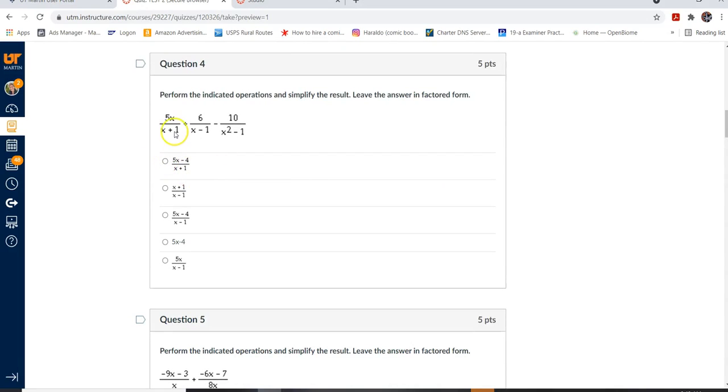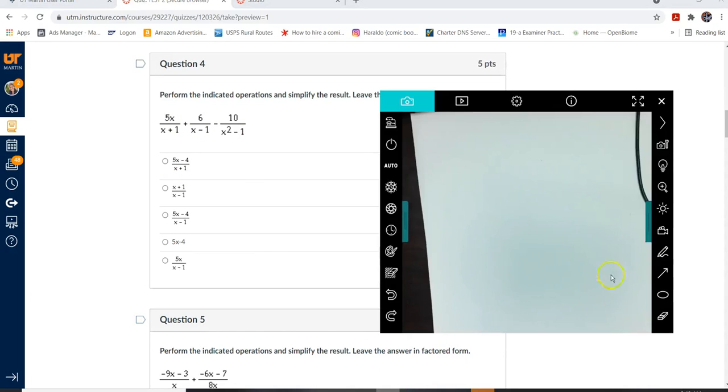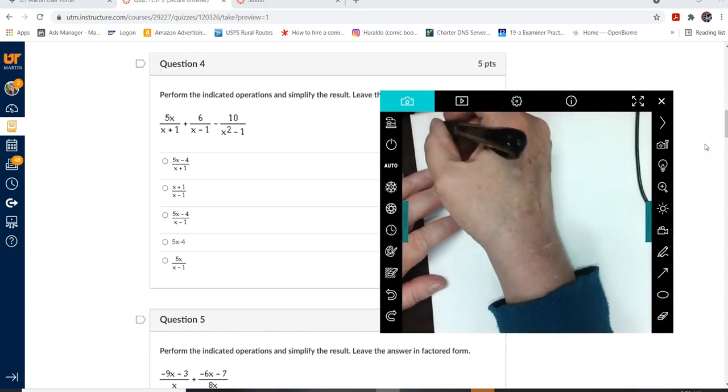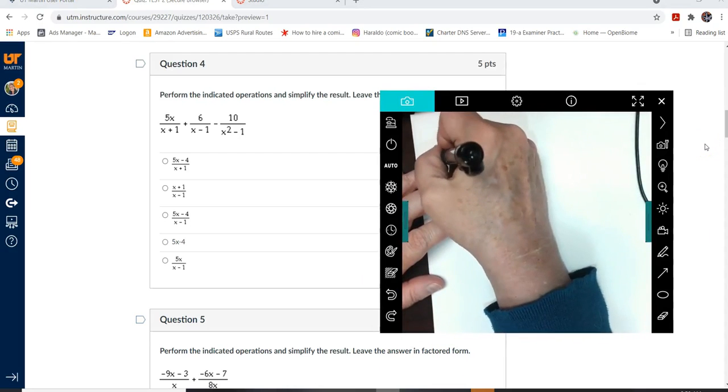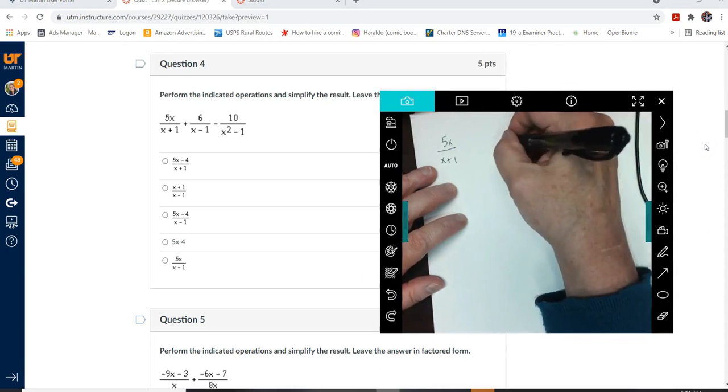All right. So I want to simplify and leave the answer in factored form. Okay. So let me get this back up. I'm going to leave a bit of space.